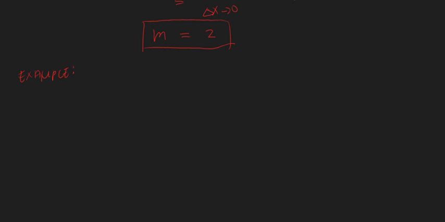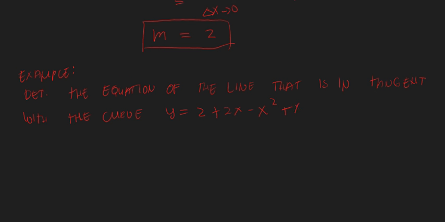So this time around, we will be determining the equation of the line that is in tangent with the curve y equals 2 plus 2x minus x squared plus x cubed at point (0, 2).